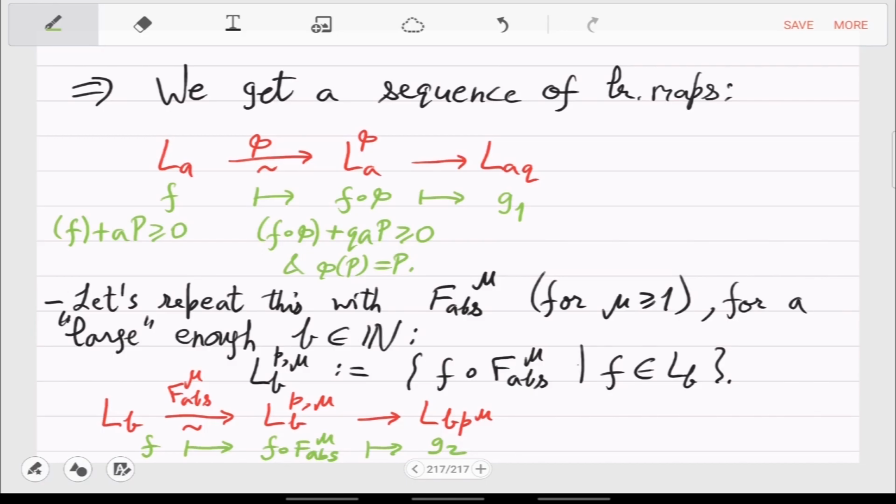So all that these sequences are telling you is that the degree gets multiplied by the Frobenius. So A times Q and B times P mu. Okay.